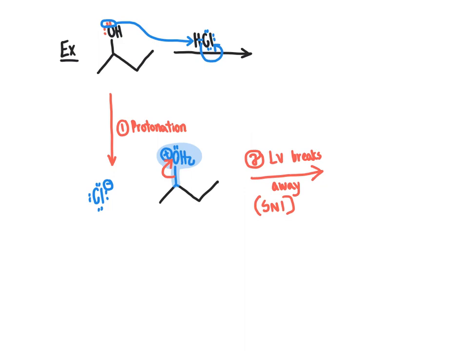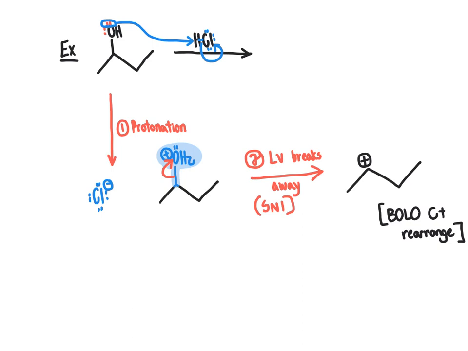But here, we break away the leaving group and we're left with a secondary carbocation, which is okay. But you do want to be on the lookout for carbocation rearrangements. In this case, there are no carbocation rearrangements possible, so therefore we continue onward to the next step.